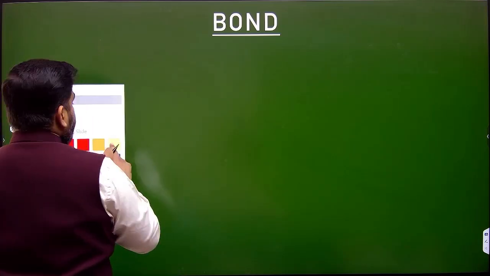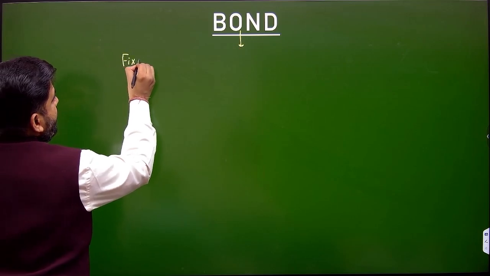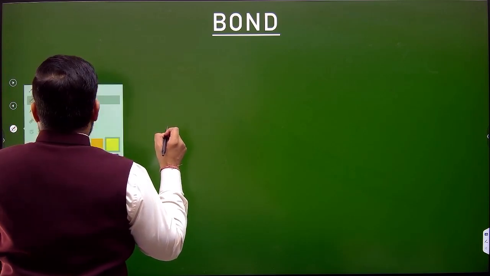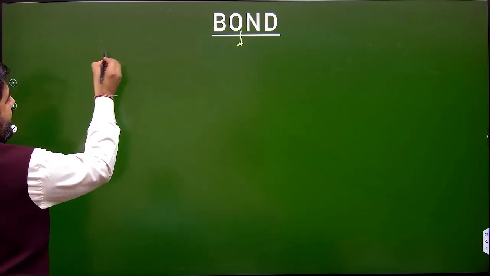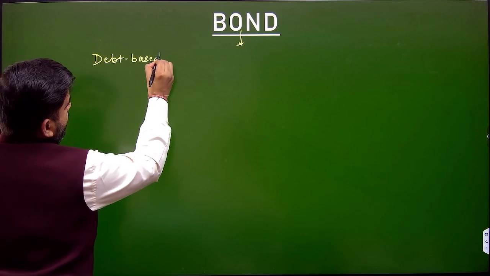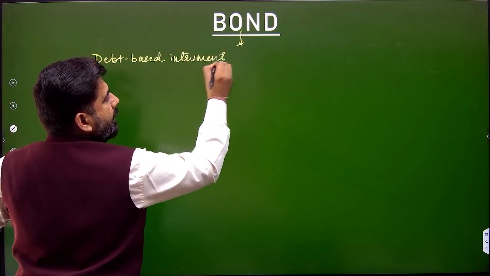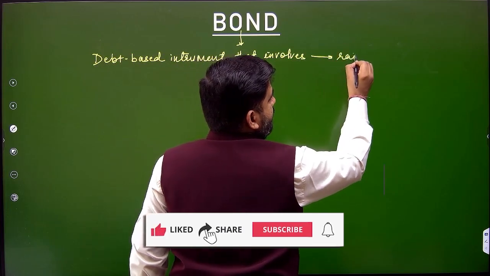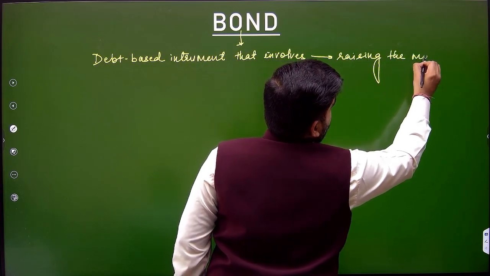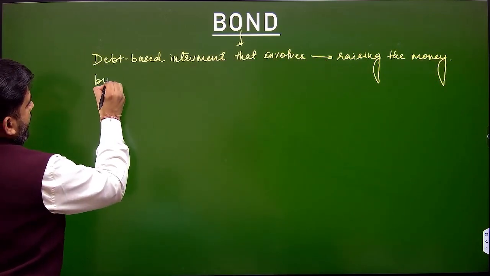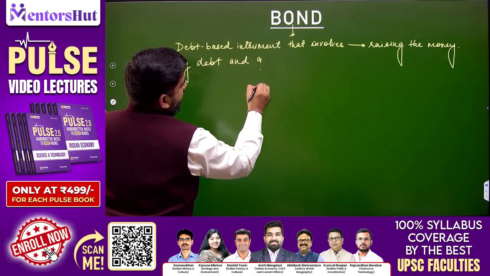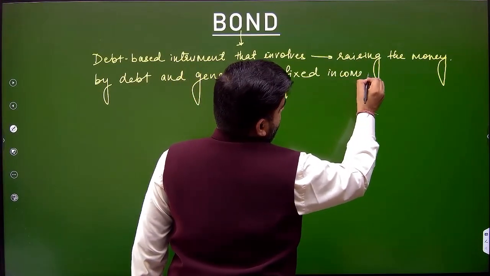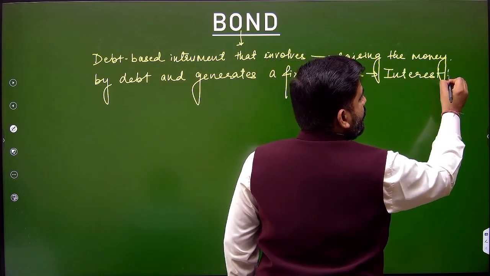A bond is a fixed income instrument. A bond is a fixed income, debt-based instrument that involves raising money by debt and generates a fixed income, that is, an interest payment, to the lender.